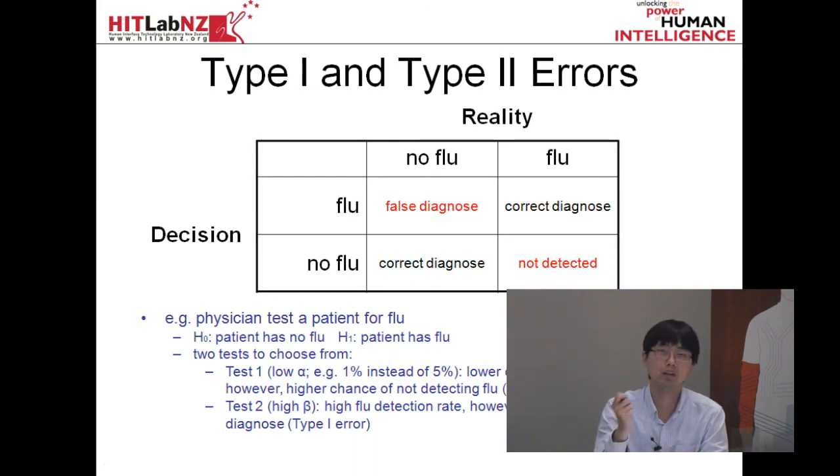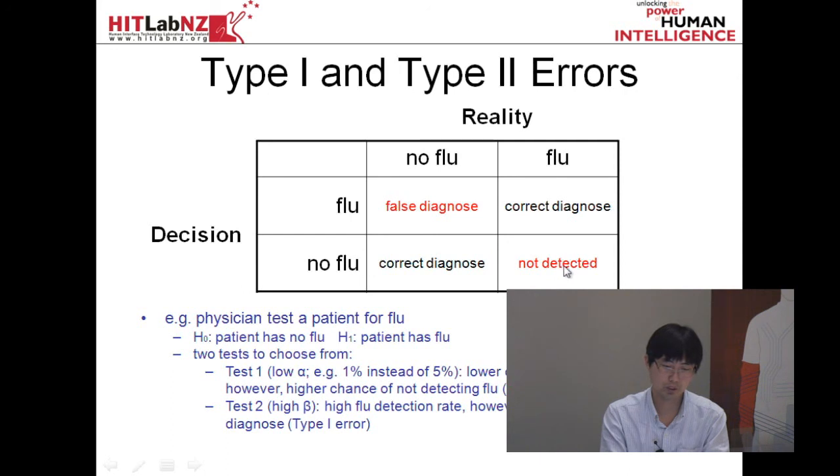Let's say you've invented a tool that can identify if someone has the flu or a more serious disease. If someone is not having the flu, but you decided he or she has the flu, then it's a false diagnosis, right? It's a false positive. And this is type 1 error.